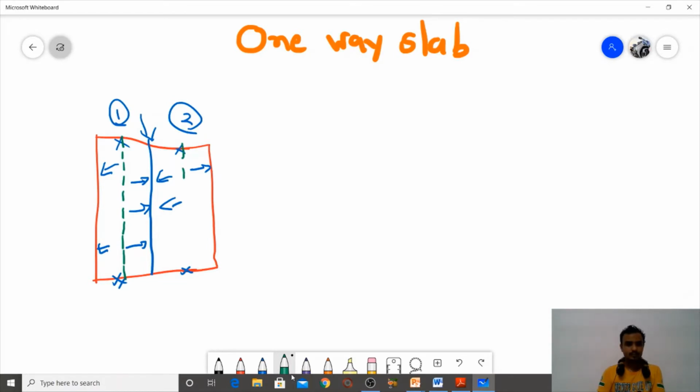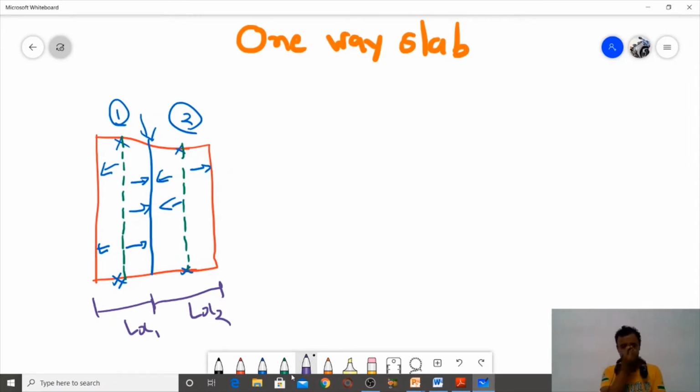I am going to divide the slab into two parts, LX1 and LX2, which are the short spans of the slab.